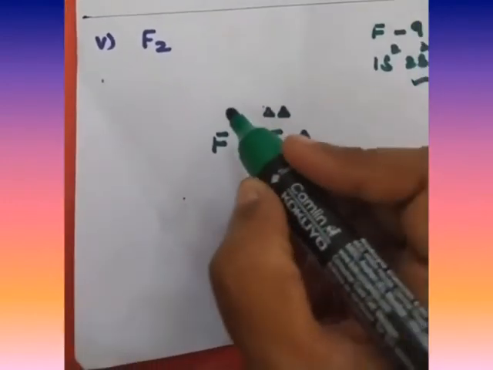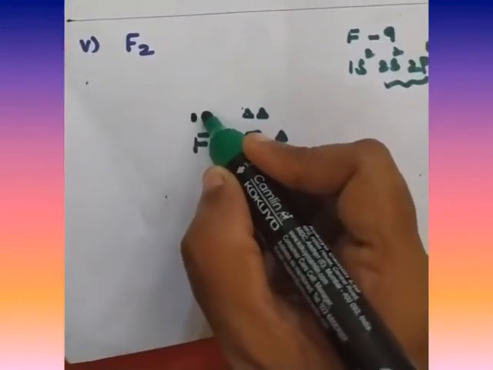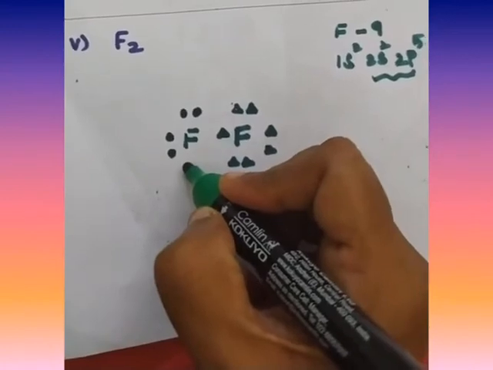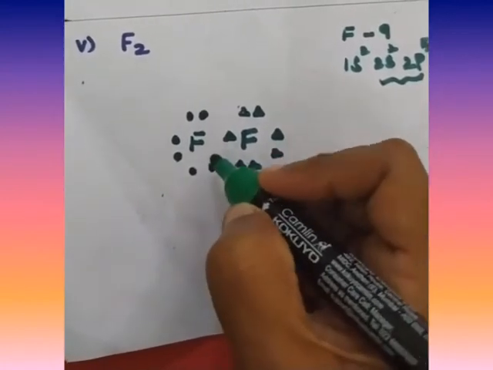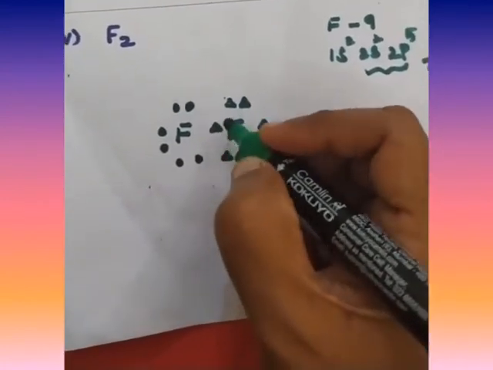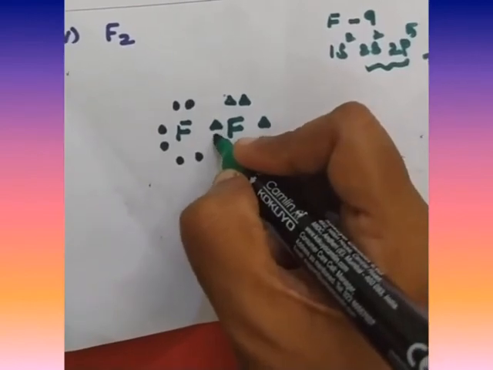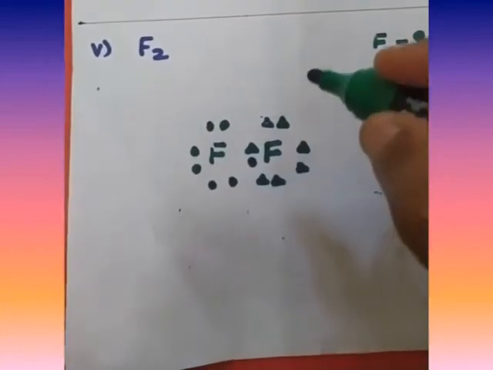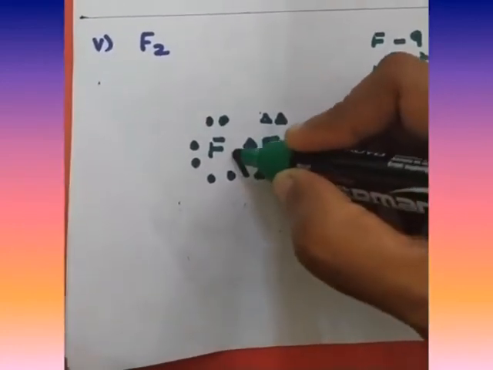Okay, now I can draw for this fluorine 1, 2, 3, 4, 5, 6 and what about this? That is only now shared, isn't it? Yes. So now look at here. Simple structure only we are going to draw.